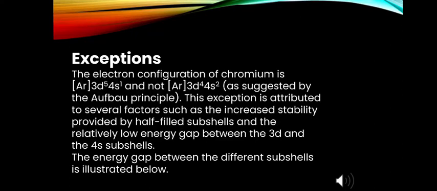So one electron has jumped from the 4s orbital to the 3d orbital in order to make the d shell half filled. Moreover, there is very little gap between the 3d and 4s orbitals, so it is easy for an electron to jump from the s orbital to the d orbital by providing a small amount of energy. So this is one of the exceptions.